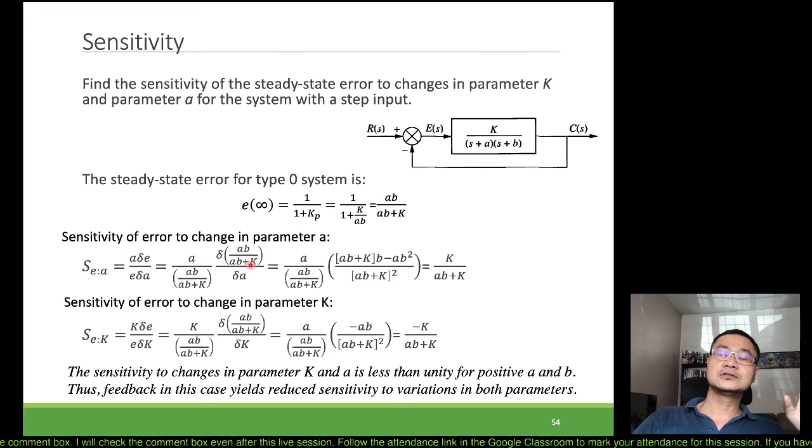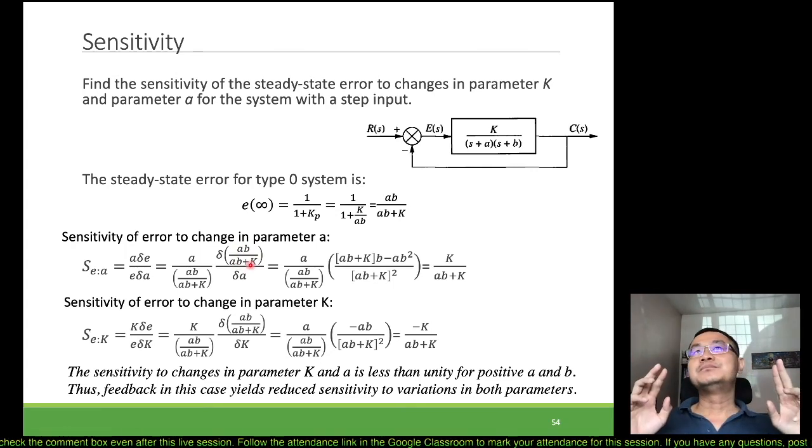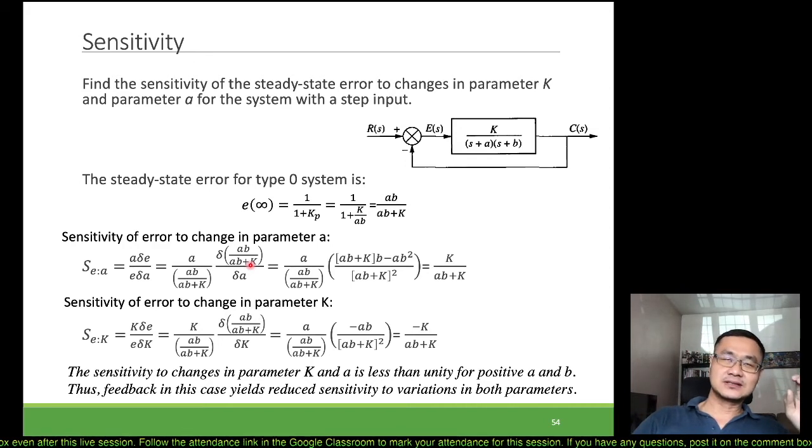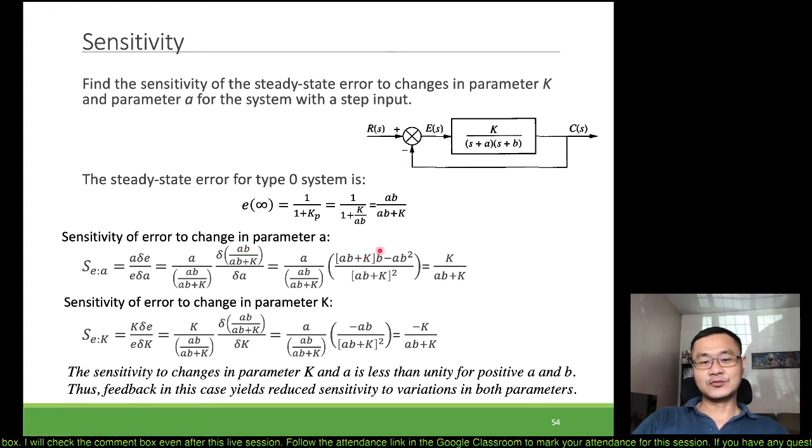This partial fraction term can be calculated as such: the bottom side, ab plus k, multiplied by the upper side after we differentiate with respect to a, so we have b here, minus ab squared, divided by the bottom side squared.